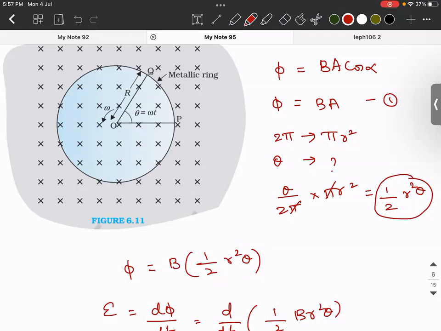Since your fingers are going into the plane, this would have been the direction of force. I repeat again, V vector cross B vector is the direction of force. But this would have been the direction of force had the charged particle been positive, whereas you're dealing with an electron. So the electron will get drifted exactly opposite to your thumb. So the electron goes to the other side and the positive side remains on the left. So O is positive and P is negative.